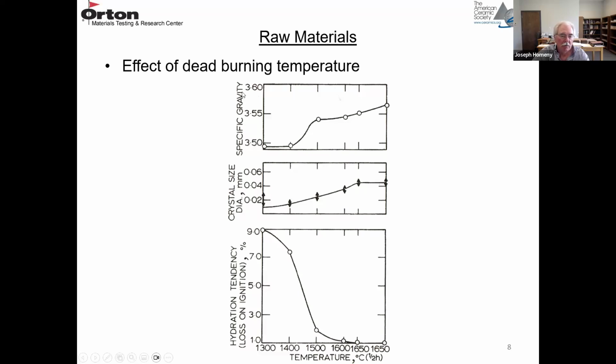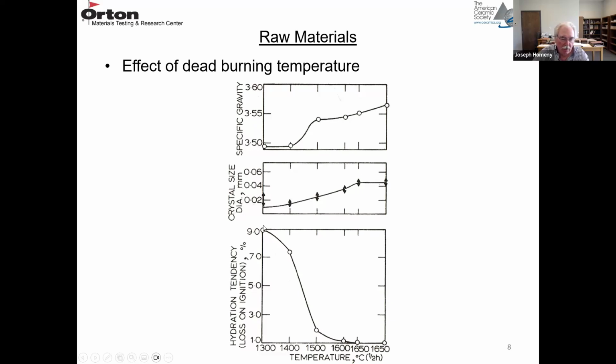Specific gravity starts out at 3.5 and goes to 3.6, so as you increase the temperature, the material gets denser. And the crystal size, this is the diameter in millimeters, goes from 0.02 to 0.06, so the crystal size is increasing with temperature.